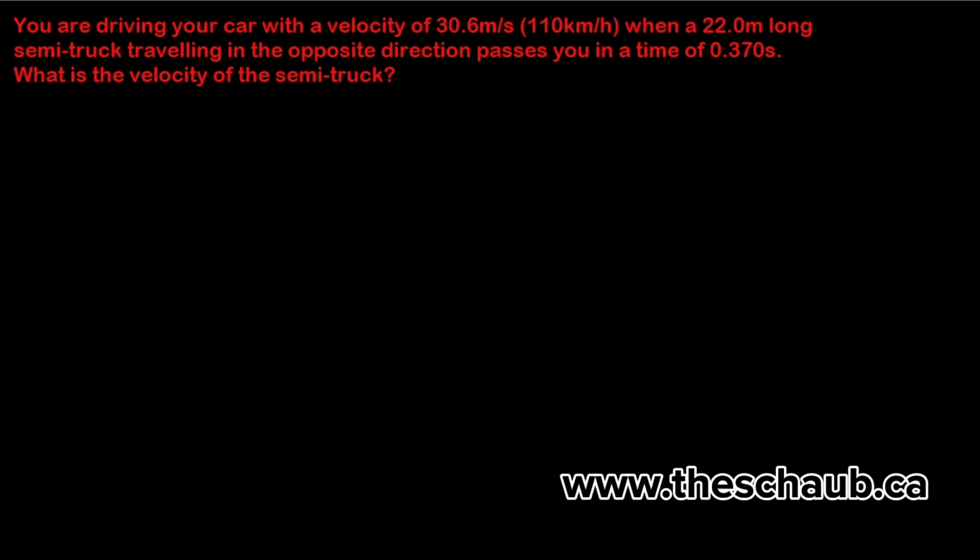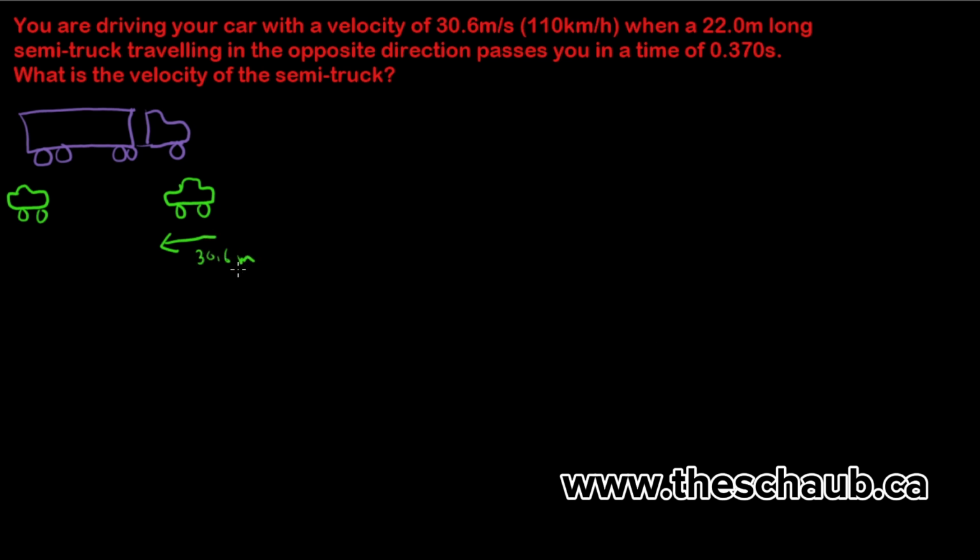Again, we start by drawing a diagram of the scenario. As we had in the first scenario, you travel with a velocity of 30.6 meters per second. The difference being that in this scenario, the semi travels in the opposite direction with the velocity we're trying to find.